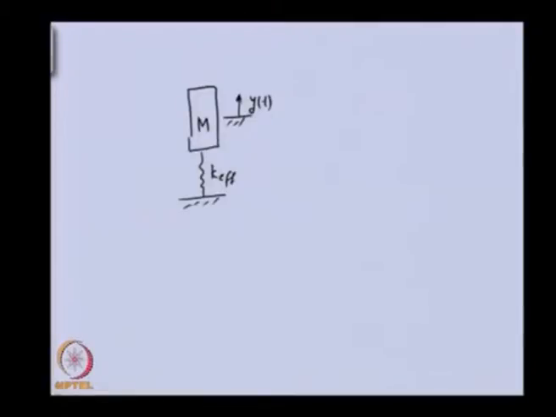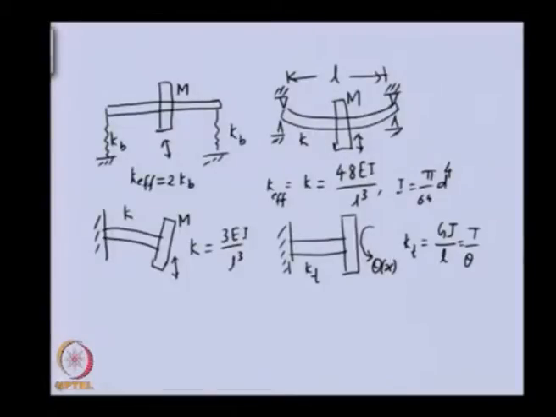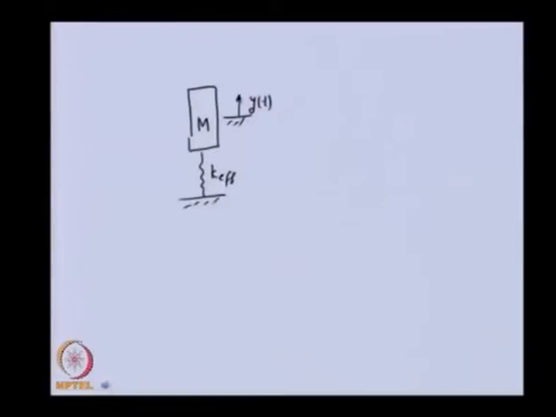If we consider the previous models, we can have a centrifugal force due to the unbalance of the mass, which we can apply on this mass as m e omega square sin omega t, where m is the mass of the rotor, e is the eccentricity, omega is the spin speed of the shaft, and t is the time.